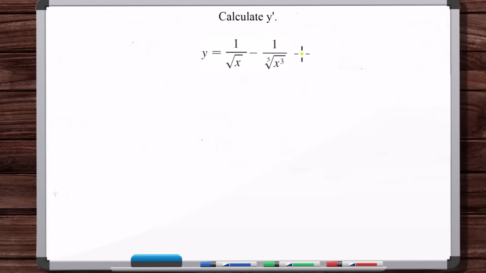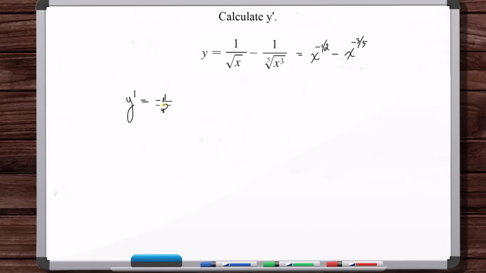Okay, let's write this as, this is 1 over x to the 1/2, so this is x to the minus 1/2, and then this is 1 over x to the 3/5, so this is x to the minus 3/5. Okay, so now let's just use the power rule. The derivative of x to the minus 1/2.